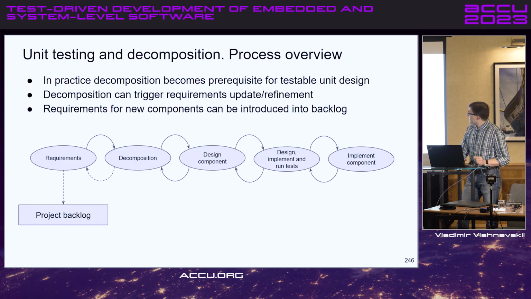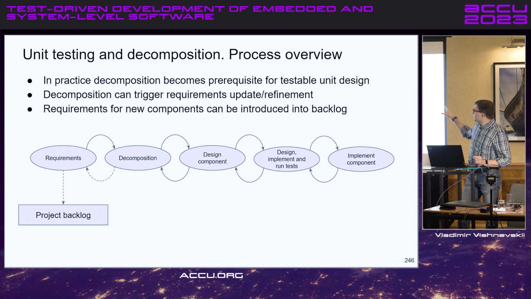And so a couple of words about the unit testing and decomposition. What we were doing, from requirements of some components, we had to do some decomposition to make the code a bit more testable. Then we were switching to design of this component, iteratively doing the decomposition if needed.